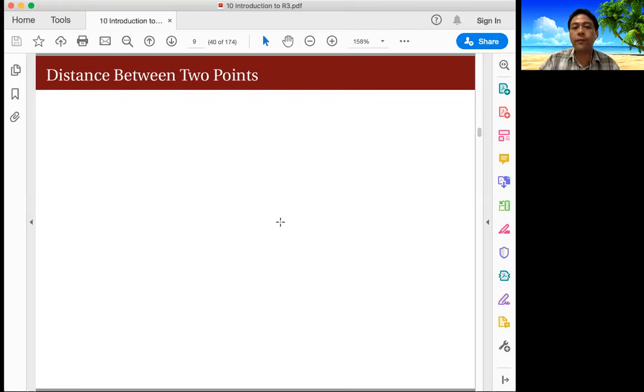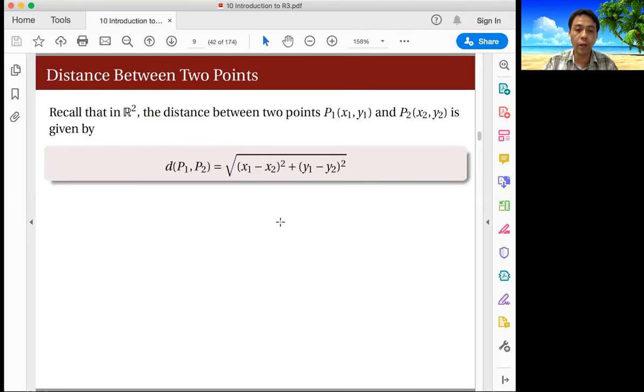Now, whenever you have two points, we are always interested in how far the points are from one another. And that denotes the idea of distance. Distance has a formula in two-dimensional space, and we are all familiar with the formula: the square root of the sum of the squares of the differences of the coordinates.